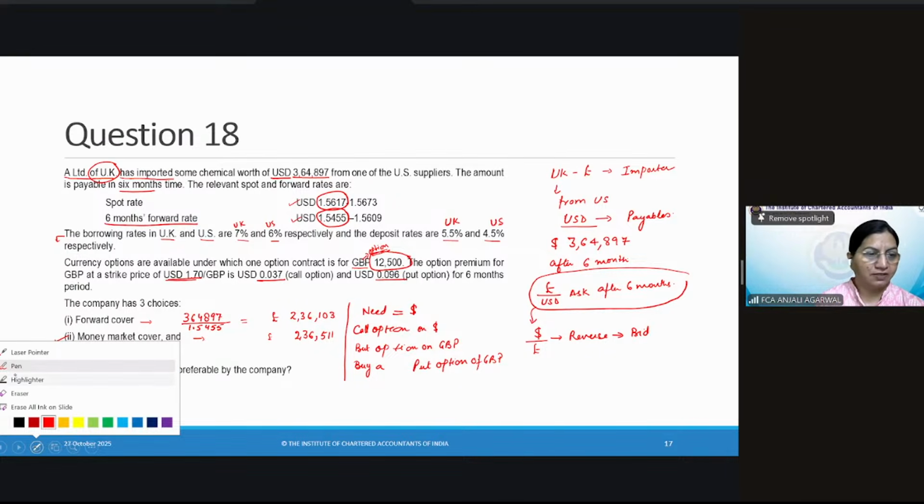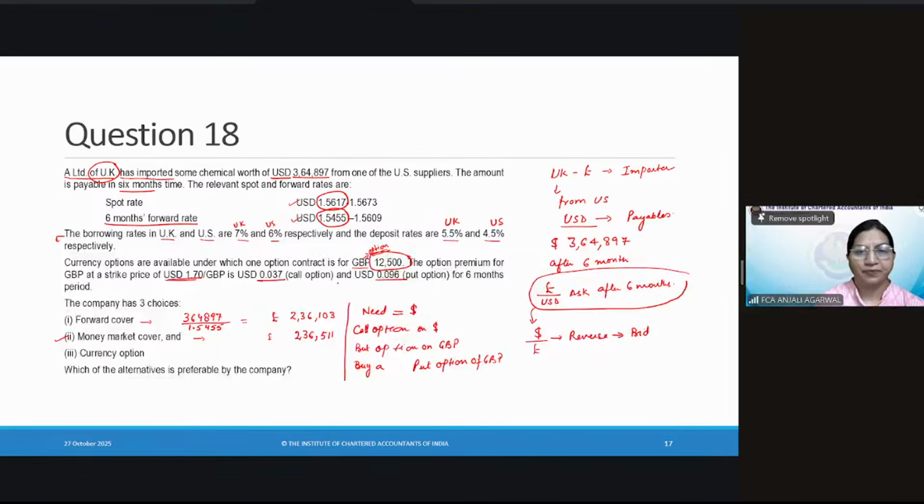So the thing that is of interest to us is a put option. Strike price is same, that is 1.70, and premium is 0.096. So it's not in cents. Premium is straight away 0.096 USD.